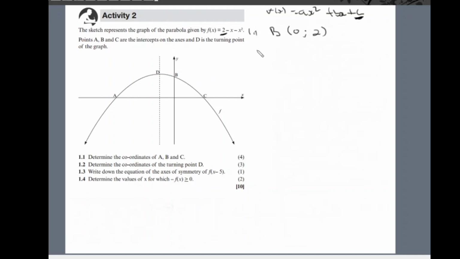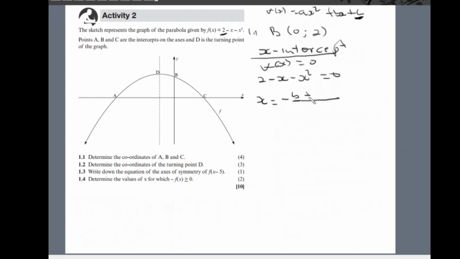To calculate the x-intercepts, you need to let y be 0. When you let y be 0, you are just letting f of x be 0, and then you just need to solve for x. Minus x squared minus x plus 2 equals 0. So x equals minus b plus or minus the square root of b squared minus 4ac, divided by 2a.